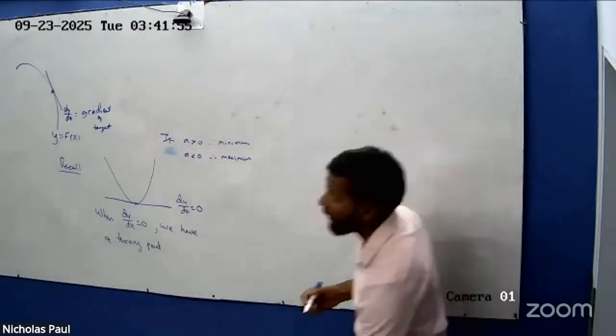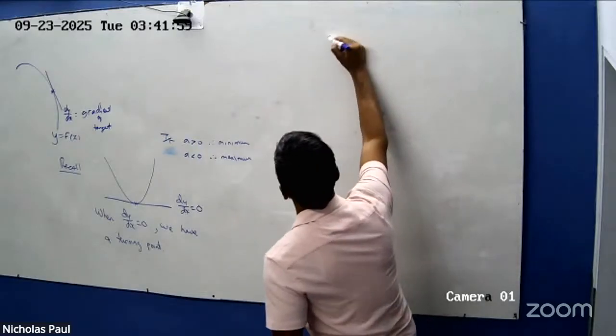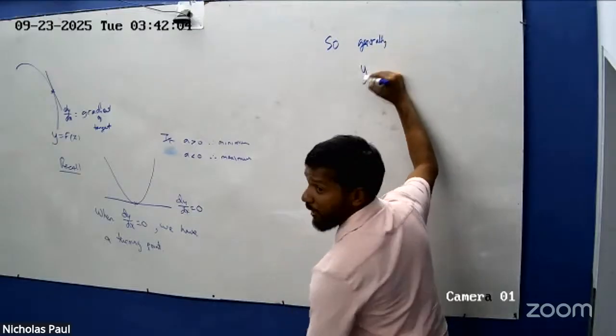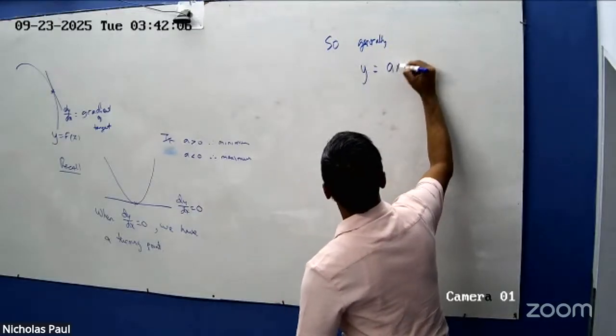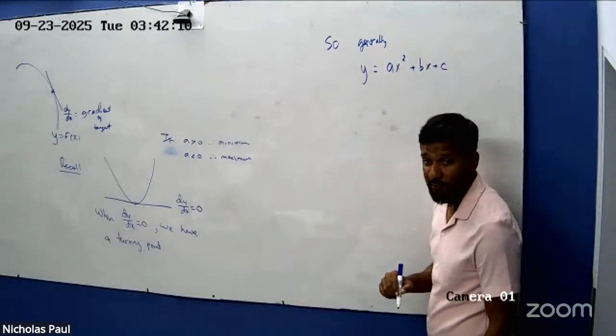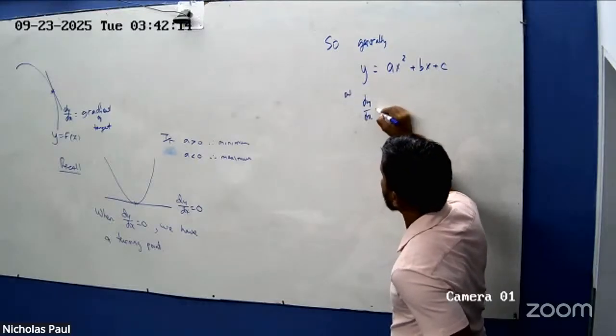Watch this here. What does a quadratic look like again? Generally, y is equal to ax squared plus bx plus c. Everybody okay with that? So if I differentiate that, what will I get?